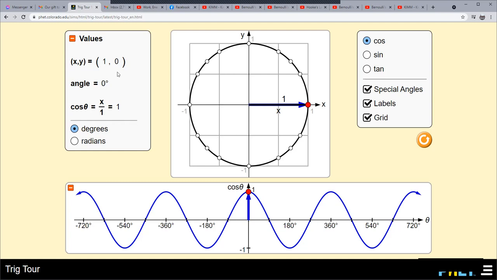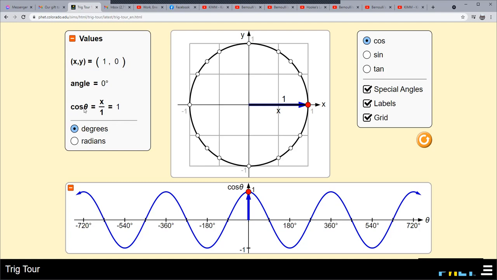Let us begin with x equal to 1 unit and y equal to 0. There will be no angle formed if that is the case.